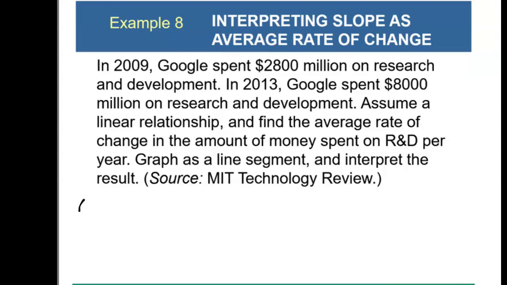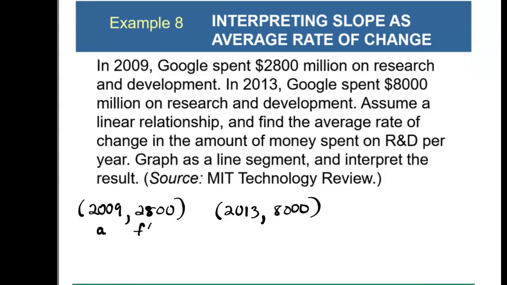So to do that, we're going to write down our ordered pairs. 2009 corresponds with 2,800, 2013 with 8,000. And then we just find that average rate of change. So this is a comma f of a, b comma f of b, and now we just plug into our equation. So our slope is the average rate of change.